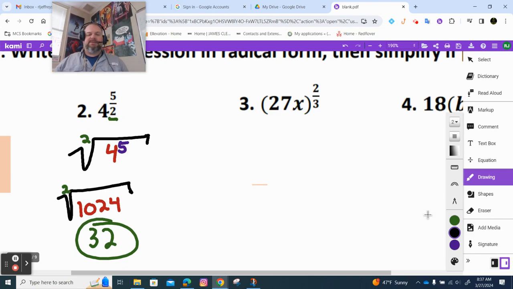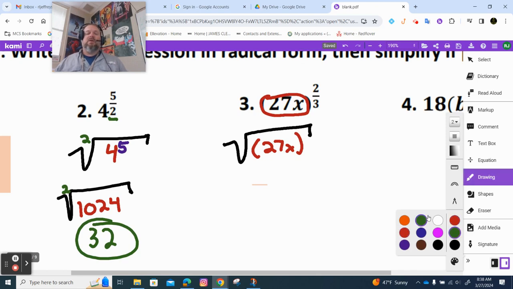All right, so, radical sign. Now, this time we have all this in parentheses. So guess what? All this still stays in parentheses.